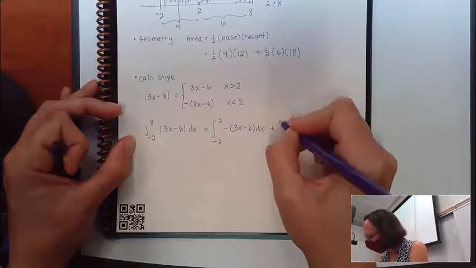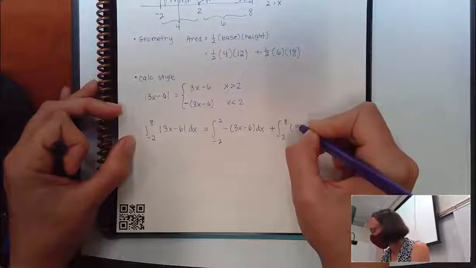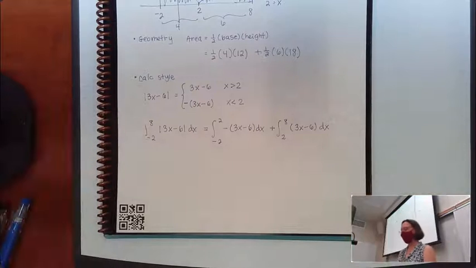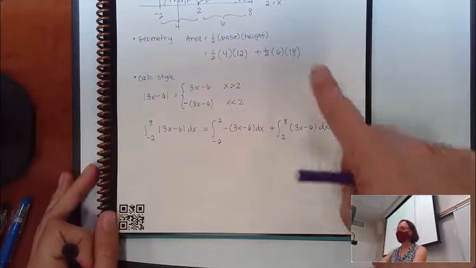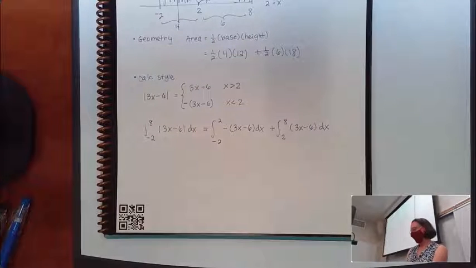And then from 2 to 8, we use the original 3x minus 6 because the absolute value wasn't doing anything for us. And now you have 2 calculus problems to solve. But you'll get the same answer. And for sure, the textbook does it geometry style. Yeah. Is there times when we can't use the geometry style?